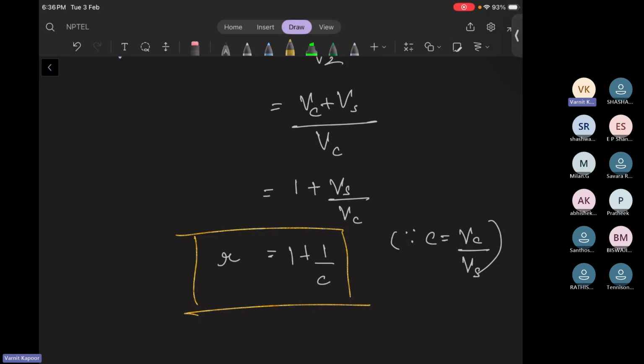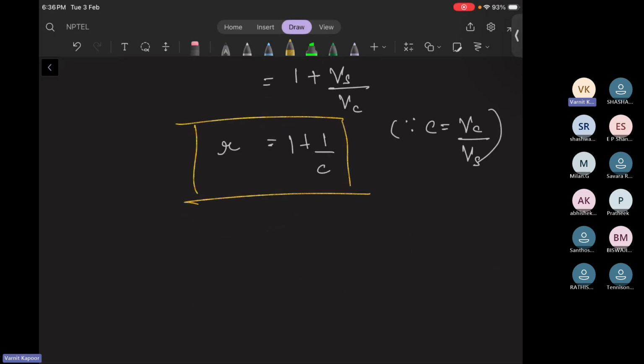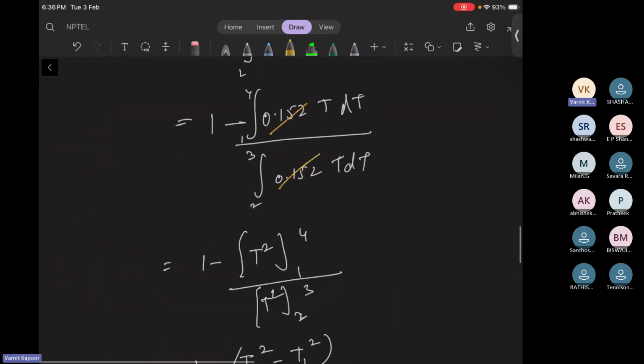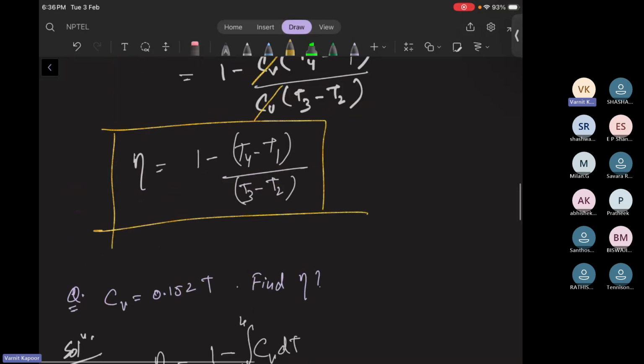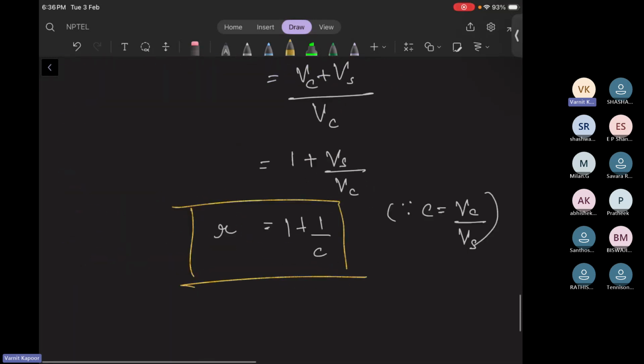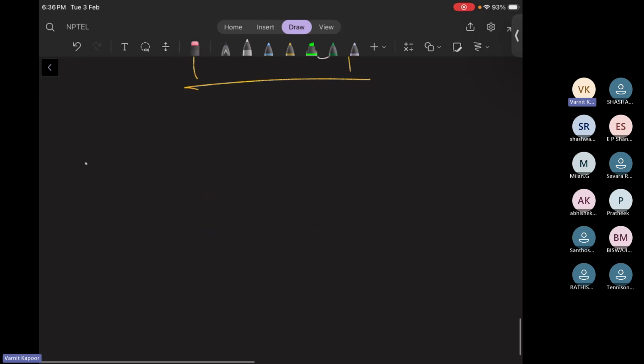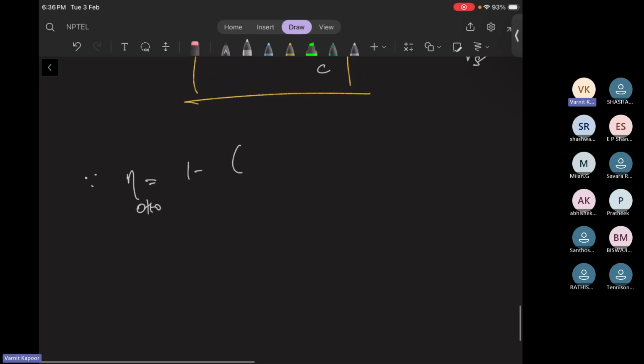No doubts? Great. So now we will find the efficiency, because we know that efficiency for a standard Otto cycle is 1 minus (T4 minus T1) by (T3 minus T2). Now we want to get the ratio value so that we can solve it.